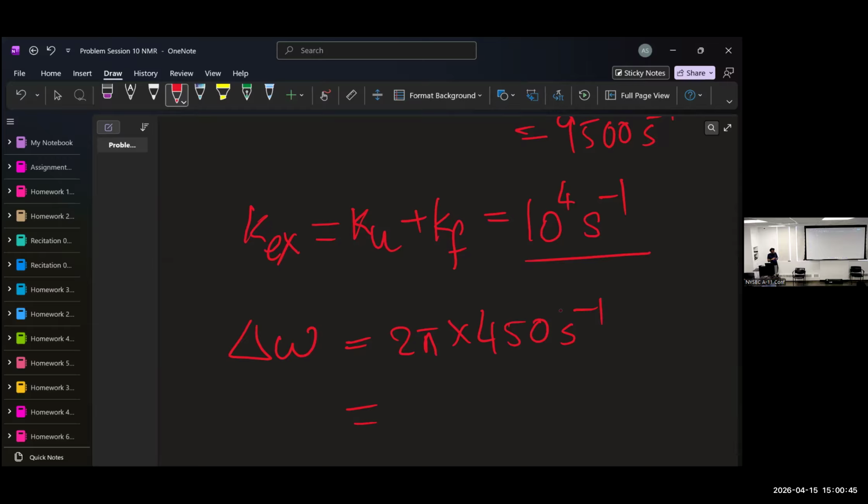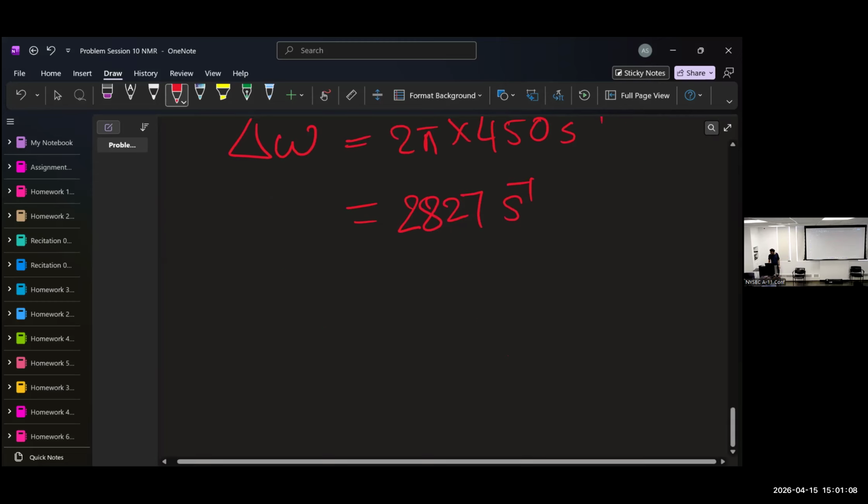And if I do the calculation, you will find that this is approximately 2827. Still almost an order of magnitude faster. So fast exchange is still true, and we can use the formula that we had.